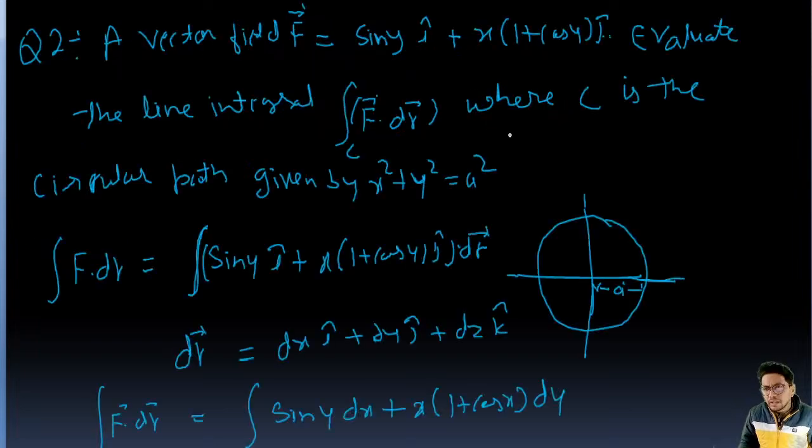I think the question is wrong, so this is x plus cos y actually, that's why there's a mistake. Yeah, this one is correct actually. This is x.